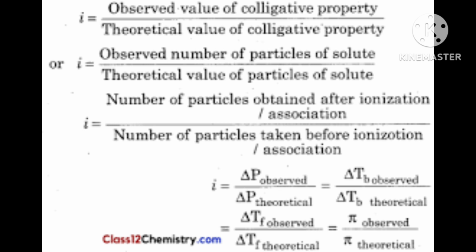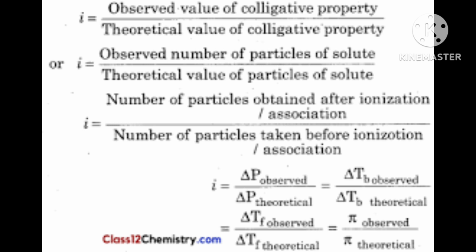What is the theoretical, experimental also will be the same. But in case of NaCl, KCl, magnesium sulfate, potassium sulfate, it is not like that. After dissolving in water, it ionizes. NaCl will give 2 ions, KCl will give 2 ions, K plus and Cl minus. Potassium sulfate will give 3 ions, 2 potassium ions and 1 sulfate ion.